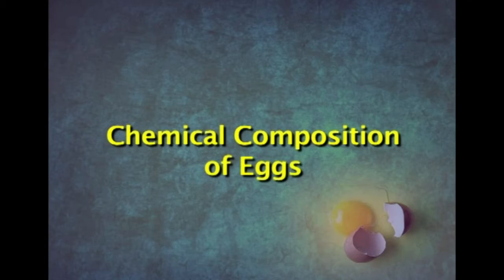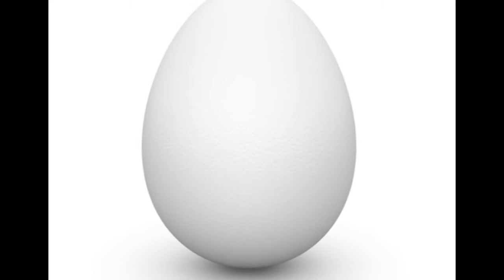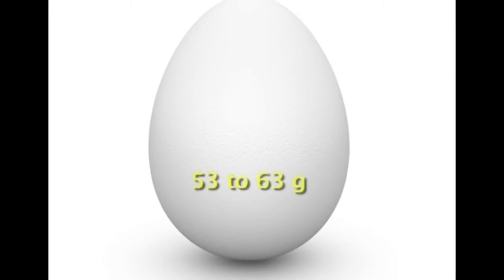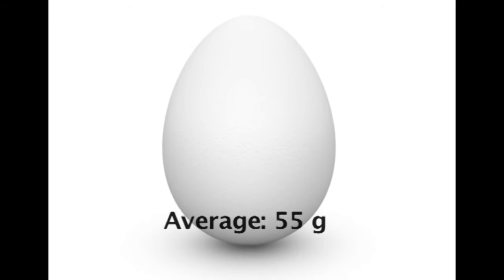Now, the chemical composition of eggs. The weight and composition of table egg is dependent on the heredity, the age, season, diet of the hen and other factors. A typical white egg usually weighs between 53 to 63 grams with an average of 55 grams.